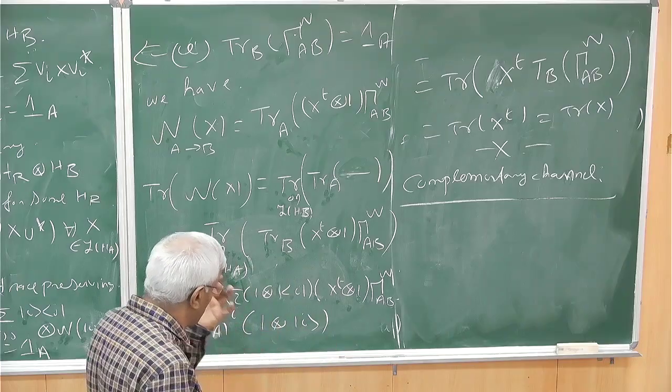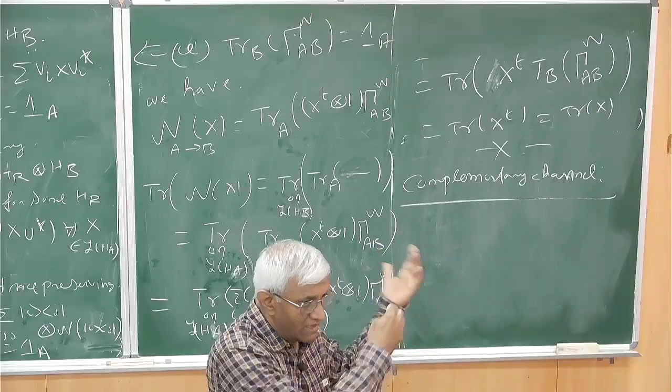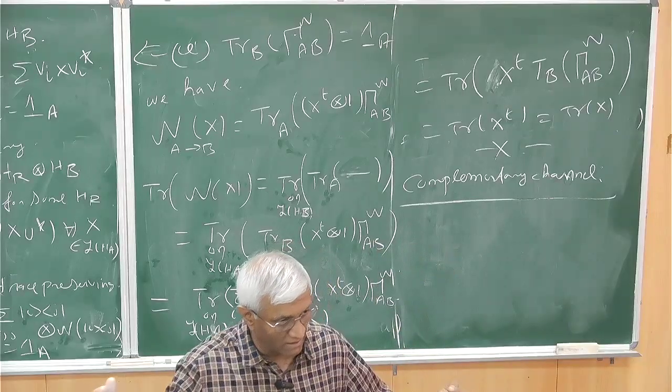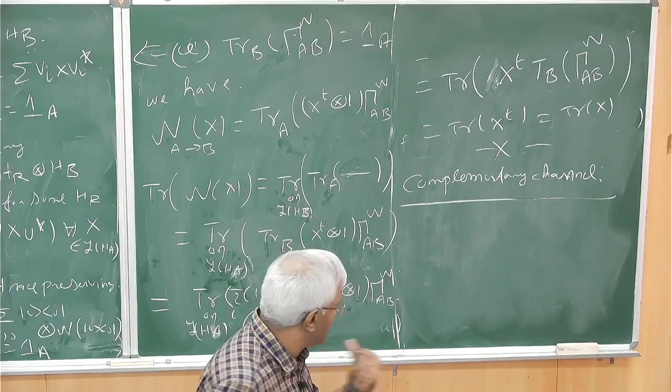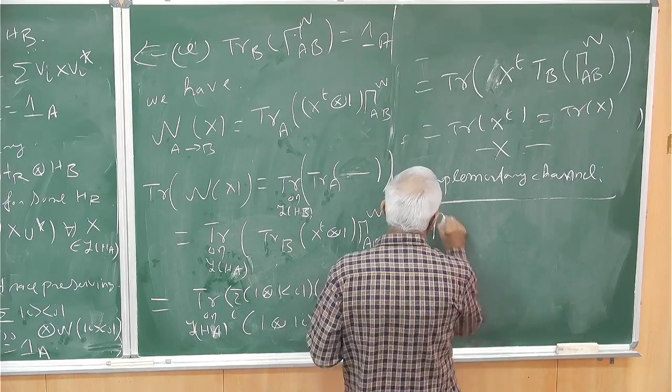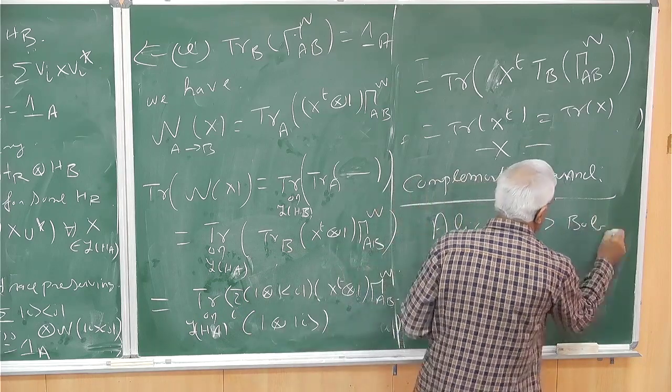So usually in quantum communication and quantum computation, there will be one person called Alice, the other person is called Bob. Always this Alice sends something to Bob. And there is someone called Eve. Alice sends to Bob through a quantum channel.